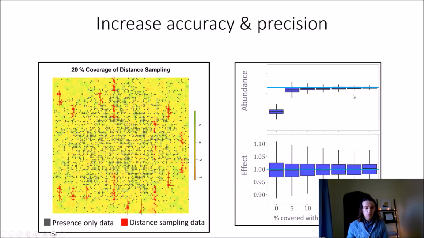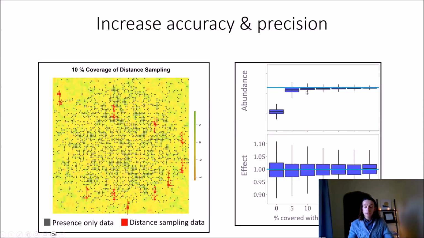This is a simple simulated example, where we have a landscape with presence-only data, as well as some distance sampling data, which allows us to estimate detection probability and account for imperfect detection. So over here, you'll see that when you don't have any distance sampling included in a model, when you're only using presence-only data, your estimate of abundance here is biased. So this blue line here is the true value.